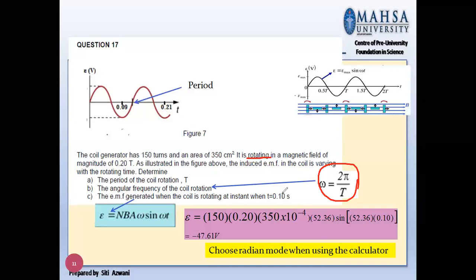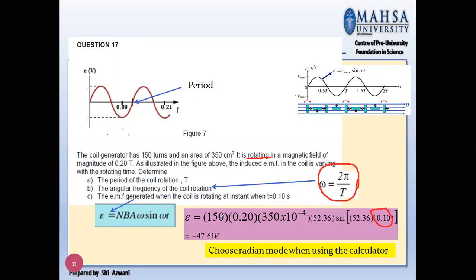So for the induced EMF in the rotating coil, you have a formula E equal to NBA omega sine omega t. The equation of the induced EMF as a function of the time. So substitute the value of your time here with 0.10 second.